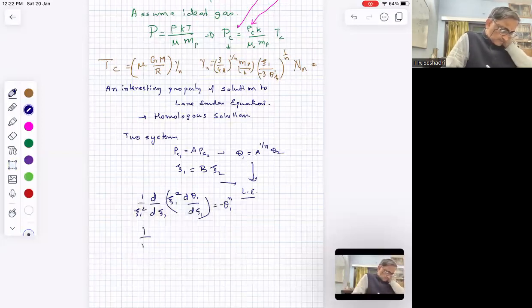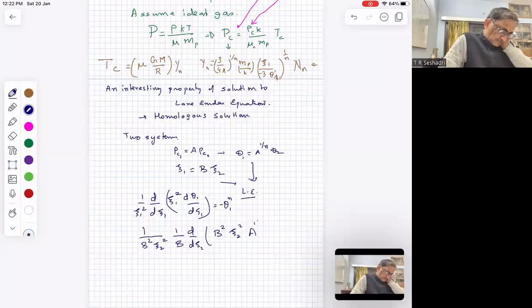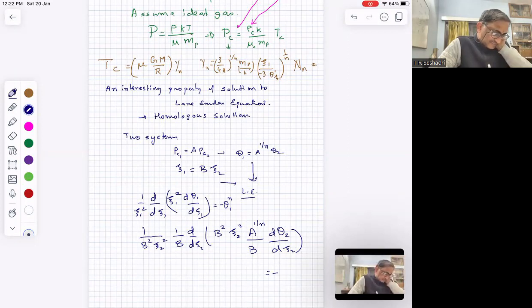So this will be 1 by b square xi 2 square, which is from here, 1 by b d by d xi 2, b square xi 2 square, then a to the power 1 by n divided by b d theta 2 by d xi 2 is equal to minus, now you have theta 1, so that will be a times theta 2 to the power n.